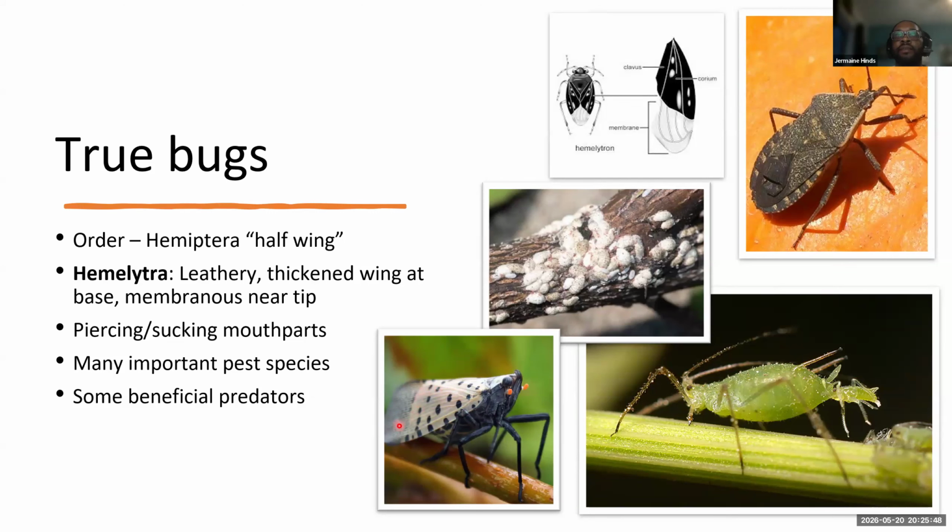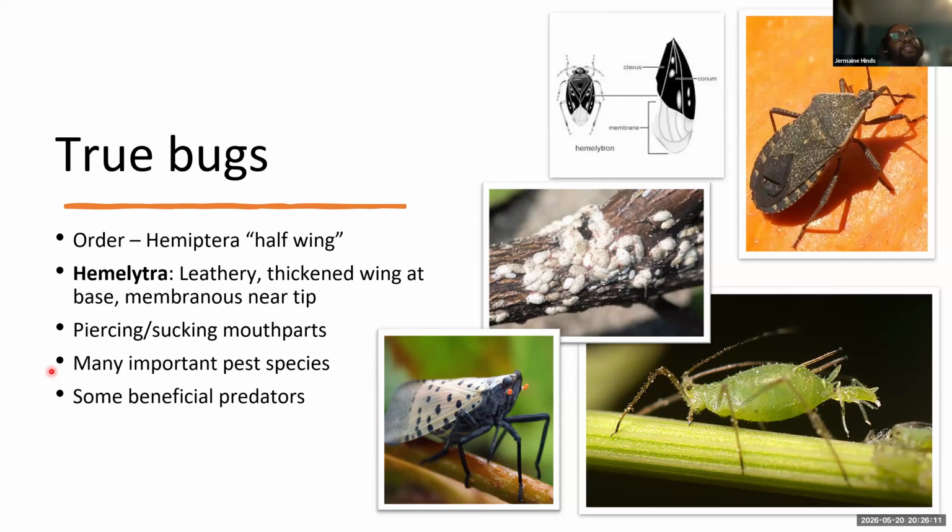You see here at the bottom of the wing, the base of the wing attaching to the thorax, it's sort of leathery. And then as it moves out, it becomes more membranous. They have these long, piercing, sucking mouth parts that can pierce into the plant or your fruit, into bark, and they suck out plant sap, or hemolymph from other insects.